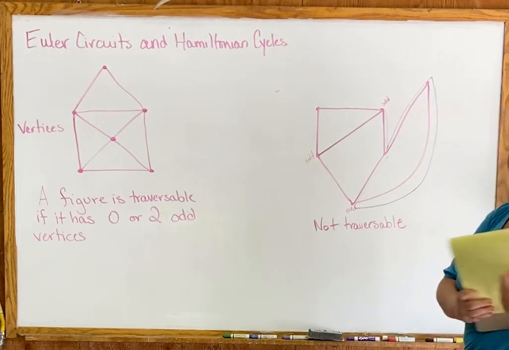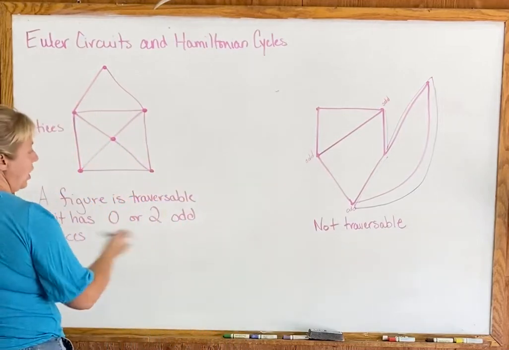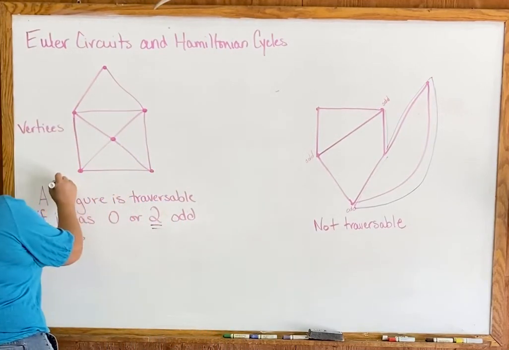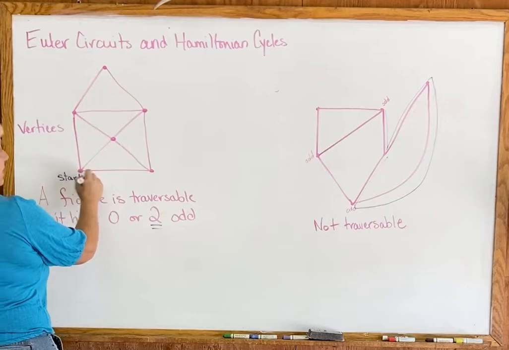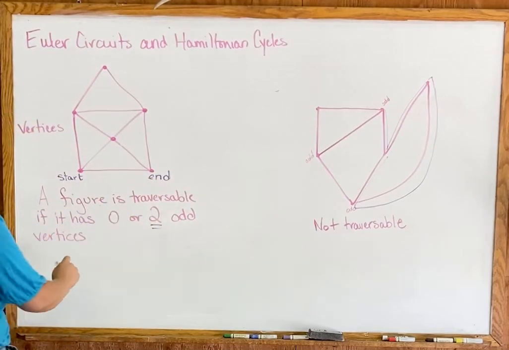All right, now, as we said here, when we have these 2 odd vertices, you start at an odd and you end at an odd. Start at an odd and end at an odd.